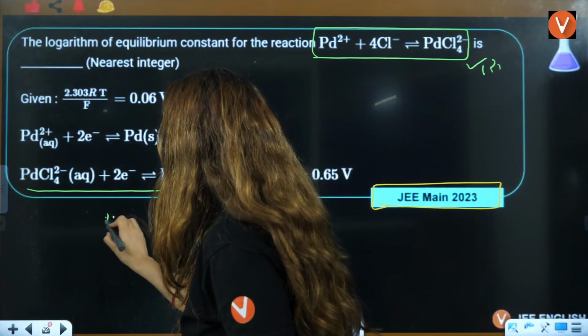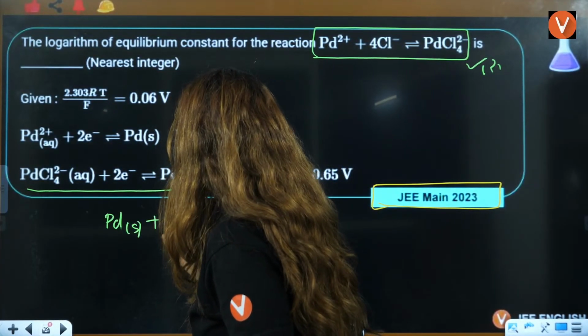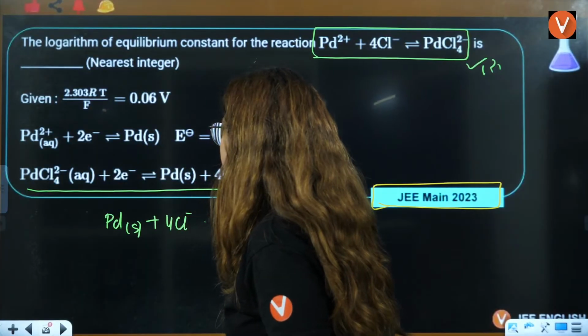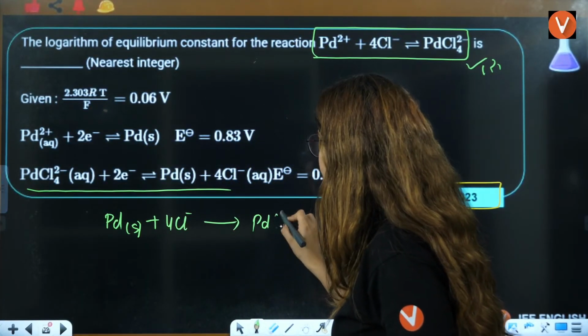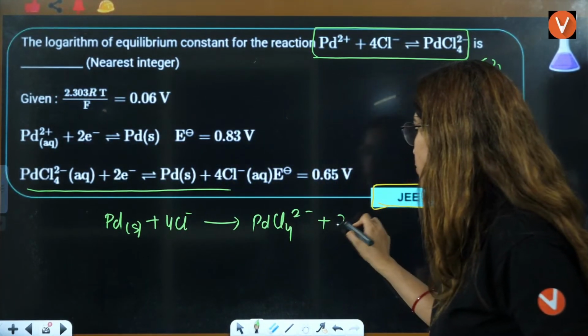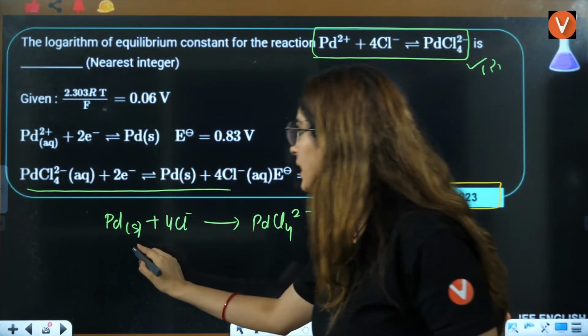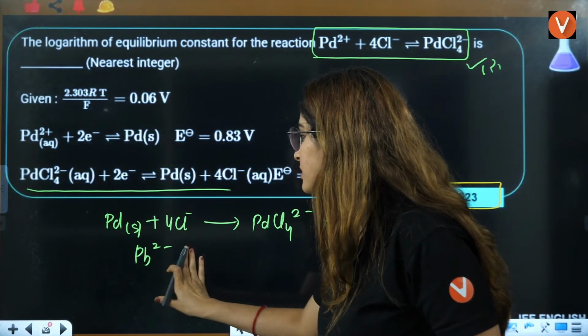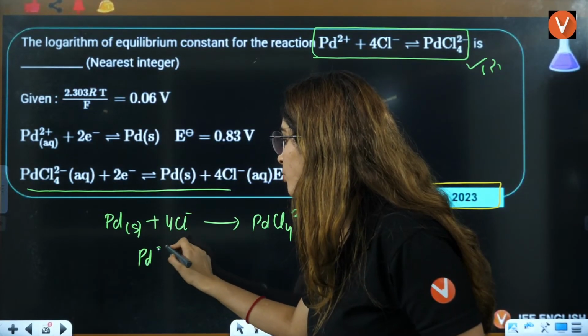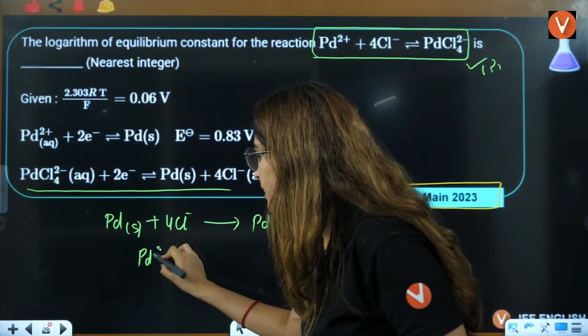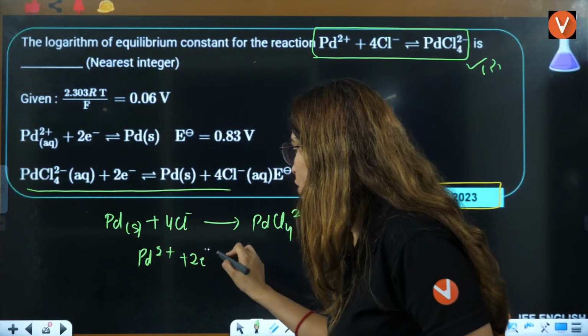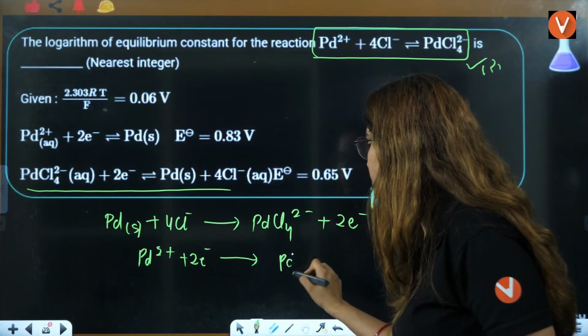This will be Pd solid plus 4Cl- equals PdCl4 2- plus 2 electrons, and this will be Pd2+ plus 2 electrons gives rise to Pd solid.